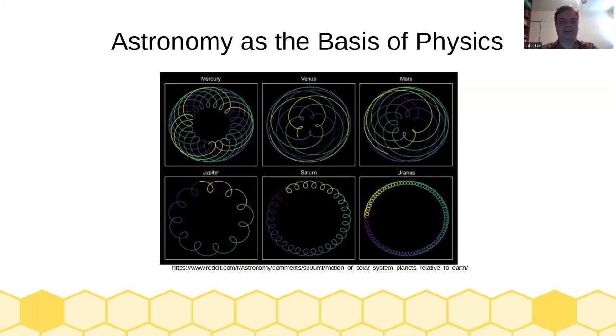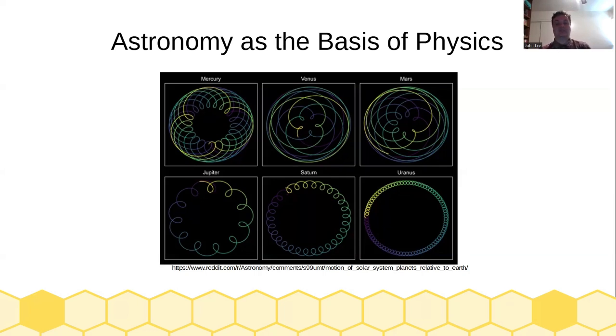So if you have a geocentric orbit, then you have these orbits like the ones that you see on the screen for these different planets. These do make predictions. You can tell where Mars is going to be at a certain given time in the sky based on these drawings, but they don't tell you a generalized form of the ideal or of the orbits. So from looking at the orbit of Uranus, you wouldn't be able to tell the orbit of Mercury.